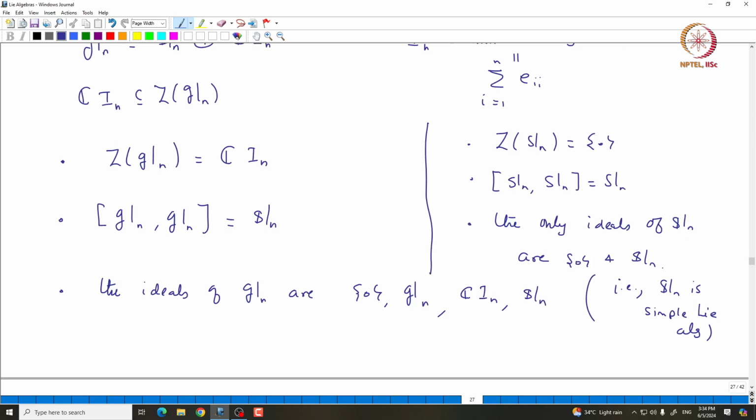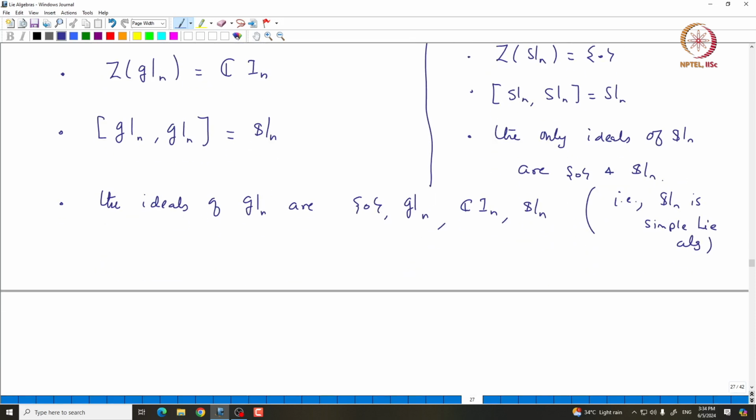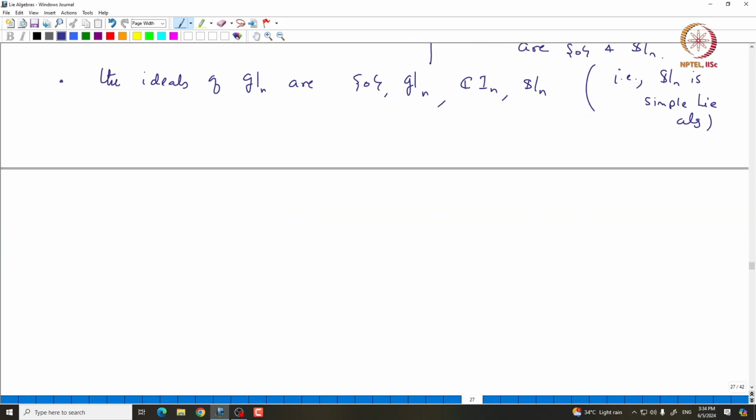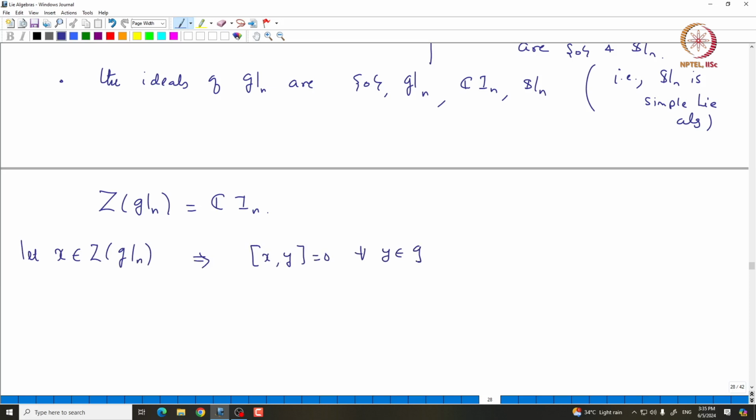So, we will begin with understanding the center. Let us start with proving the center of GL_n is the identity. Okay. So, it is clear that the identity lies in the center. Now, you start with x being in the center of GL_n, then it is immediate that the bracket [x, y] is 0 for all y in GL_n.